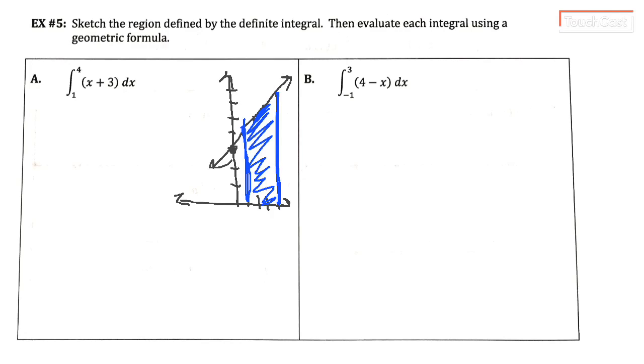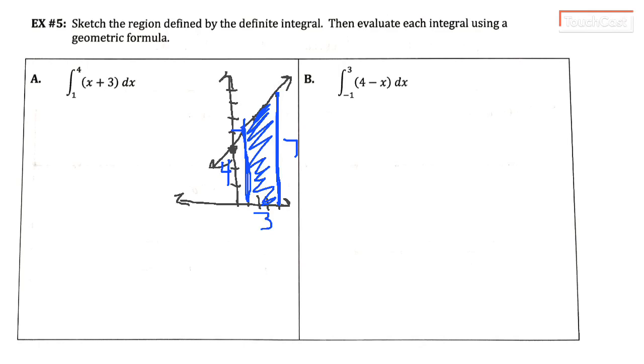Now this shape is a trapezoid, where we've got one base that is 3 units and another base that is, correction, that first base, I counted wrong. That base is actually 4 units. The other base is 7 units, and the height of this trapezoid is 3.